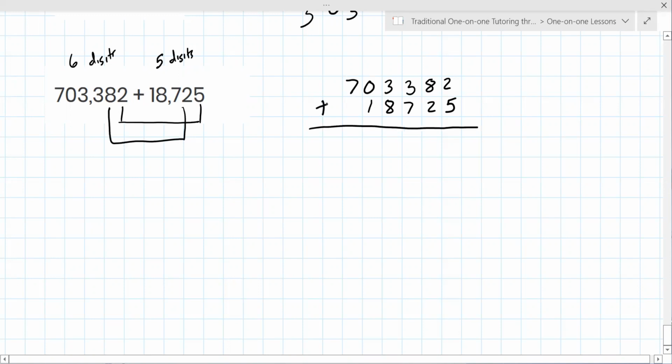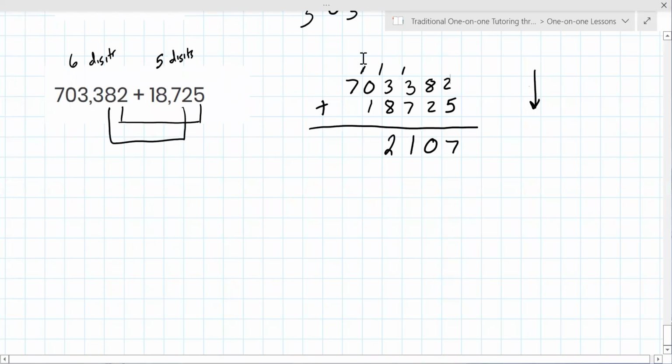Okay, so now we're going to add vertically. What's 2 plus 5? 7. 8 plus 2? 10, okay, carry of 1. What is 3 plus 7? 10, plus the 1 is 11. What is 3 plus 8? 11, plus the 1 is 12. Good. Carry of 1. What is 1 plus 0 plus 1?